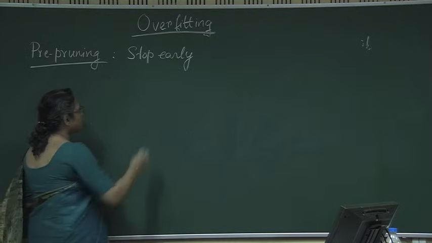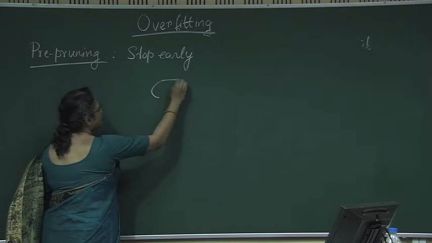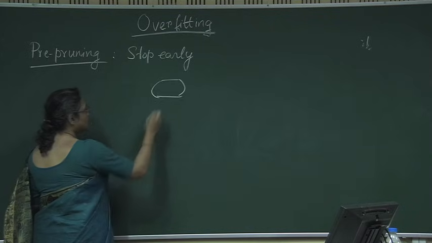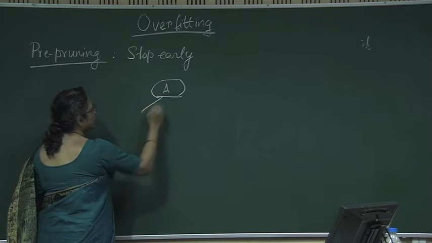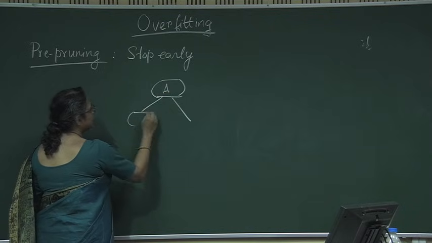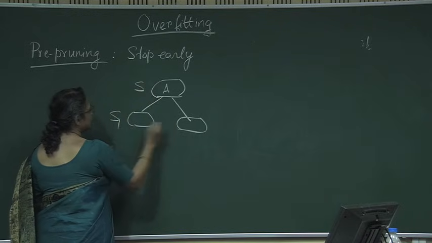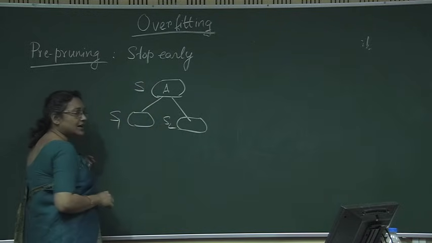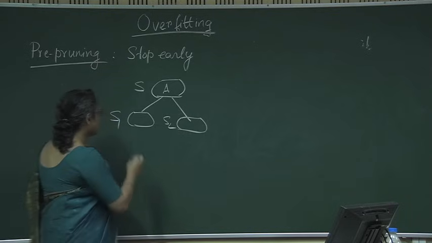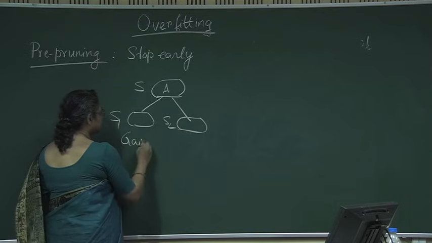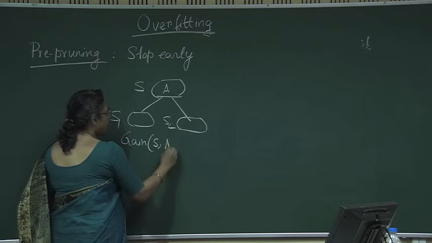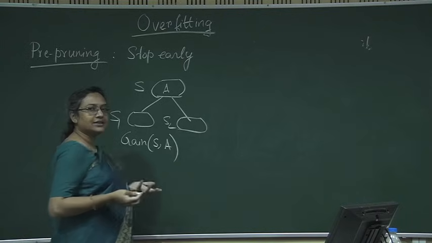What we saw with the entropy measure is that we split a node on an attribute and we compute the resulting entropy. S is the set of examples here, S1 and S2 are the sets of examples after the split, and we find the gain of S with A, and we find the attribute with the highest gain.